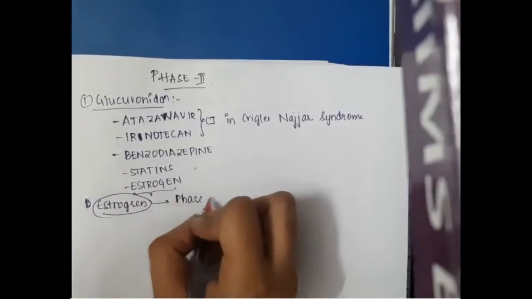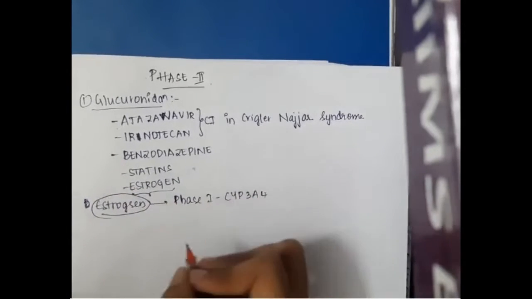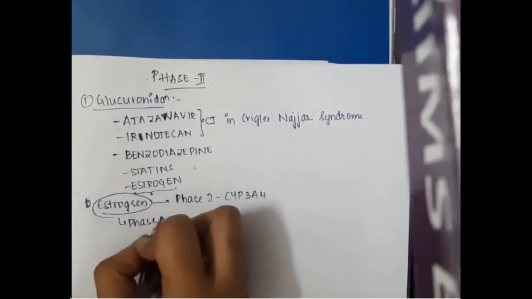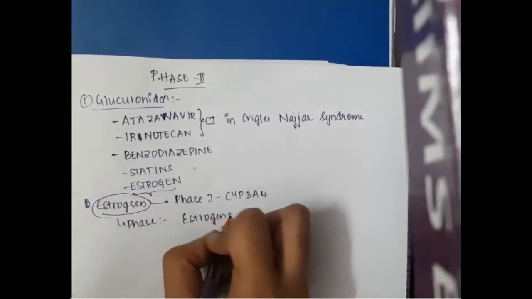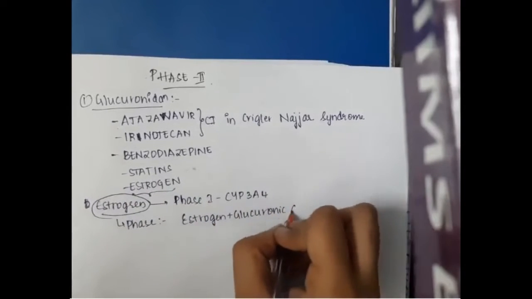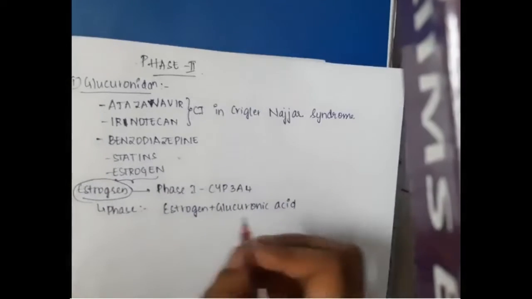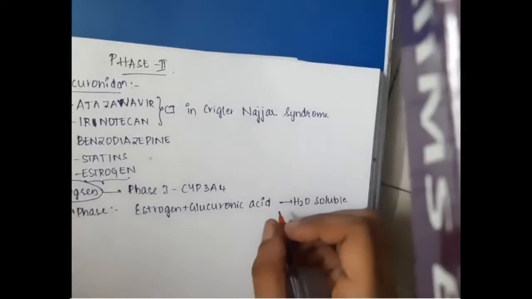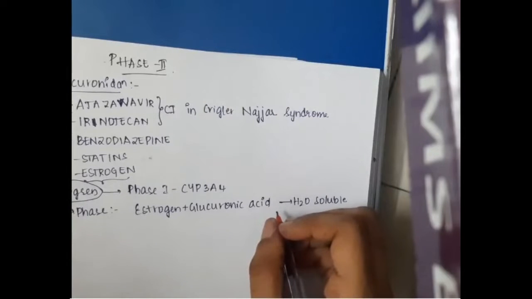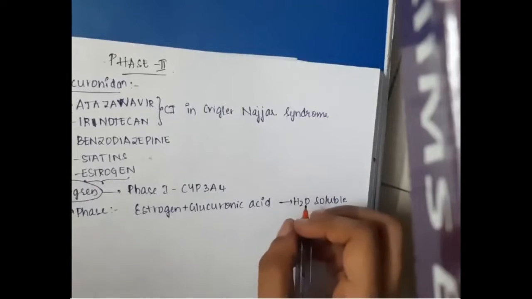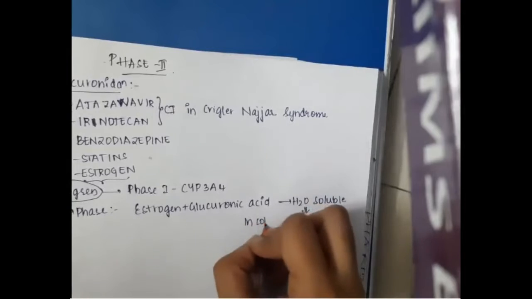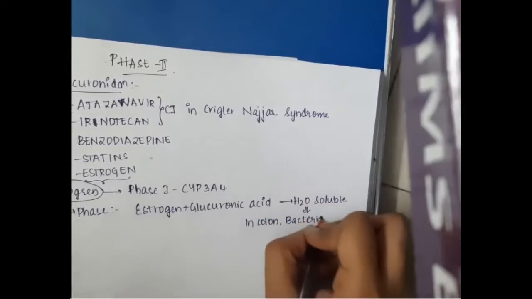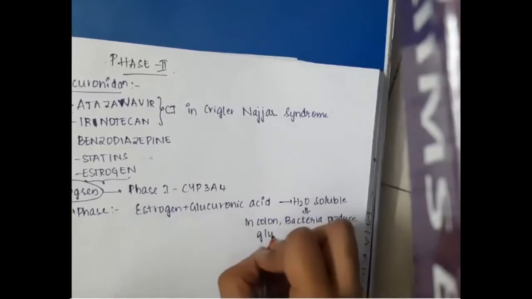For estrogen in phase 1, the CYP3A4 enzyme is involved. In phase 2, estrogen combines with glucuronic acid and becomes water soluble. This water soluble compound, in the colon, is acted on by bacteria which produce the enzyme called glucuronidase.